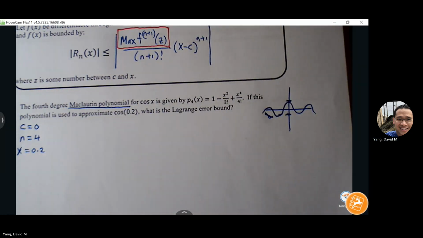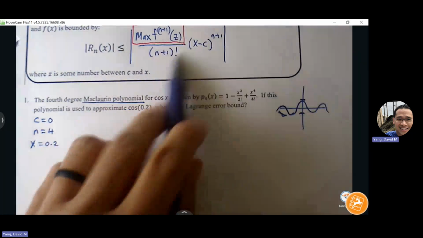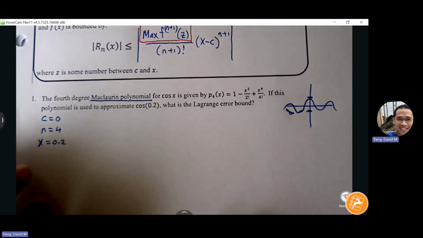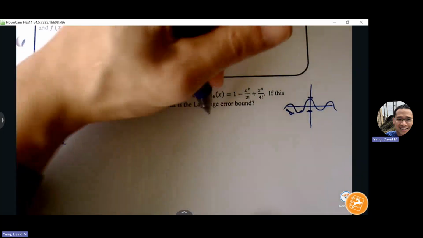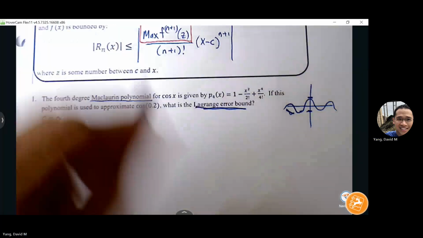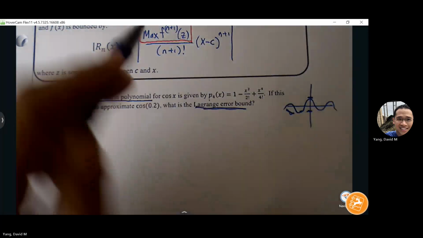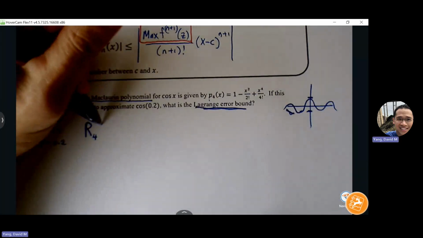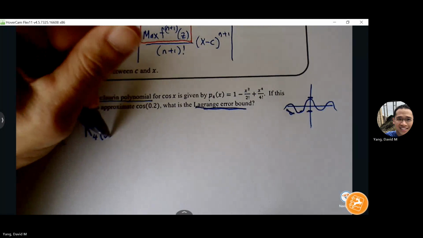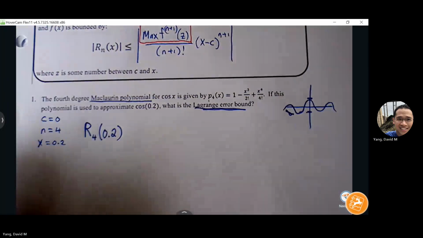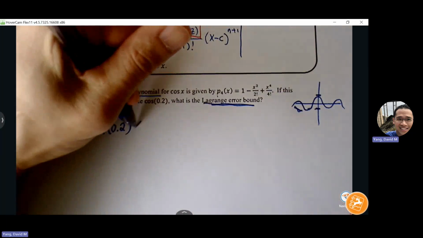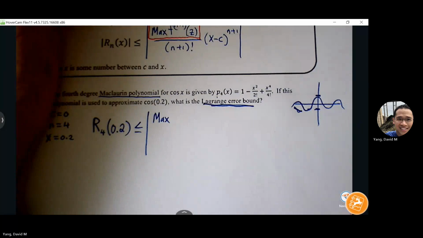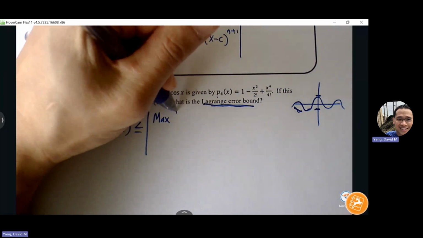Right. So let's go ahead and fill out everything that we can, and we can fill in some of those additional pieces. So I want to find my fourth degree error bound. So I want to find the fourth degree remainder at 0.2. We know it's going to be less than or equal to the maximum of the n plus first derivative.